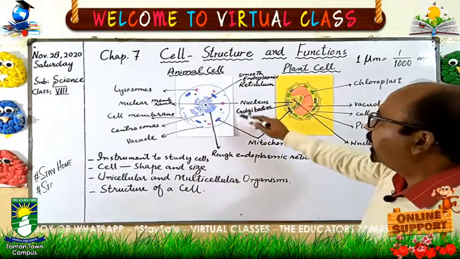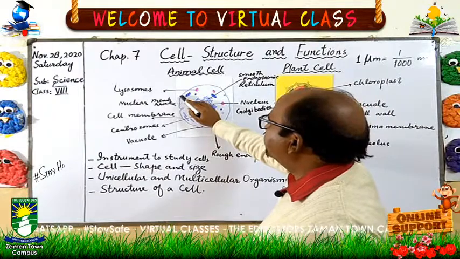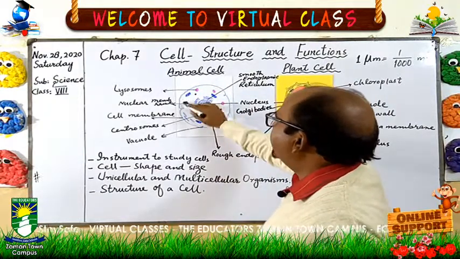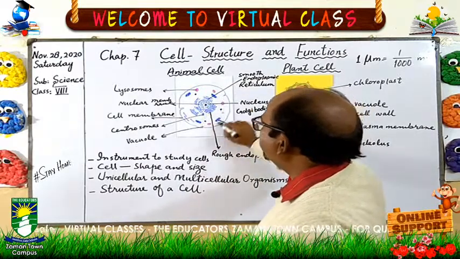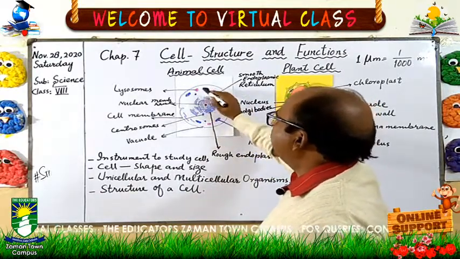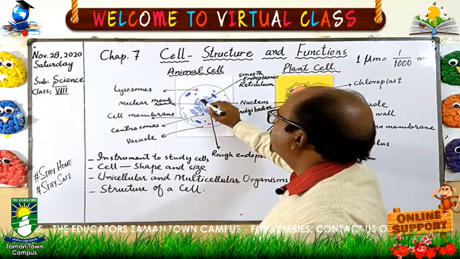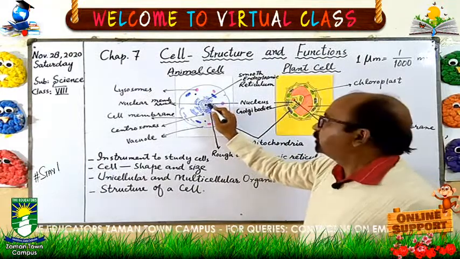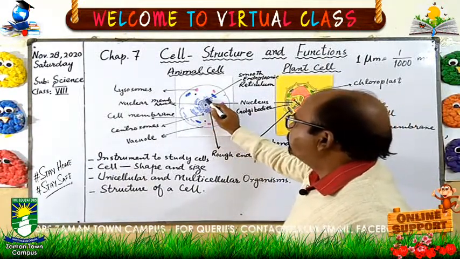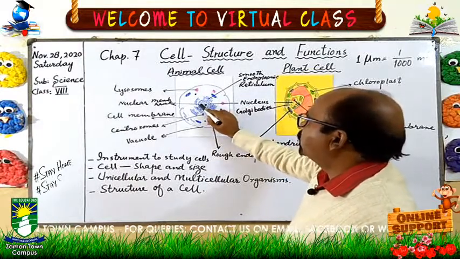These are different parts of the plant and animal cell. The outer layer of the animal cell is called the cell membrane. After the cell membrane, there is the cytoplasm. Cytoplasm means the whole part of the cell except the nucleus. The nucleus is the central part of the animal cell, and it also has a membrane which covers the nucleus, and this is called the nuclear membrane.